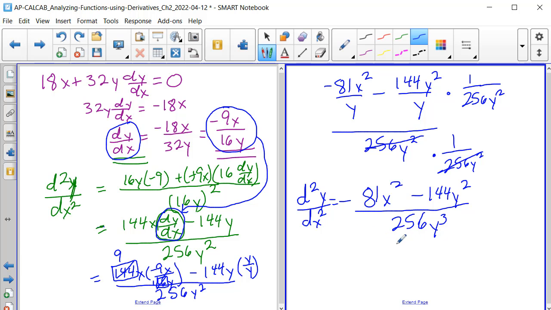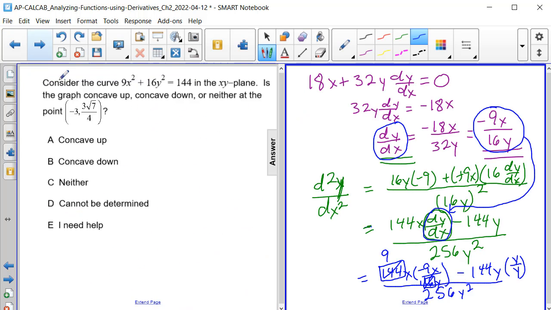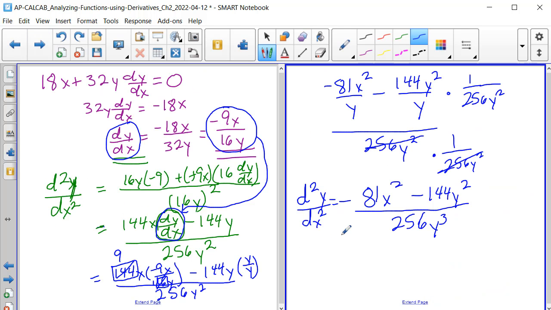And now to determine concavity at our point, negative 3, 3 times the square root of 7 over 4, we're going to substitute these two values into our second derivative and evaluate it. So I'm going to rewrite that point right here. Negative 3, 3 times square root of 7 over 4. So we know what we need to plug in.